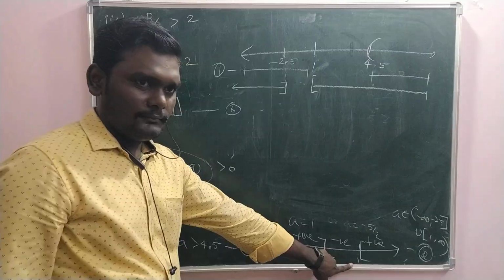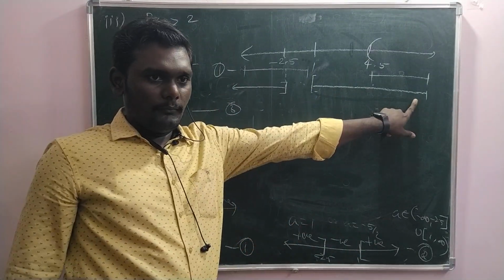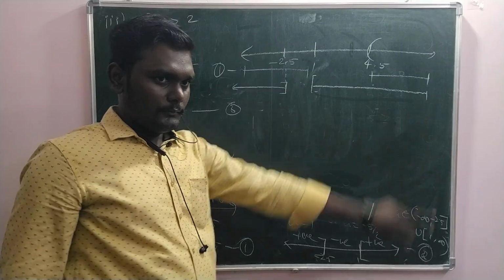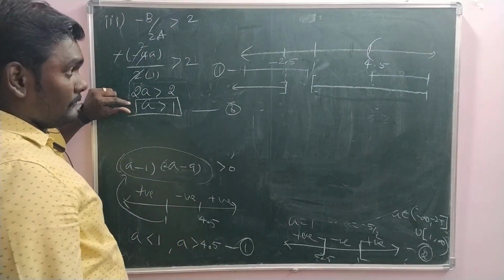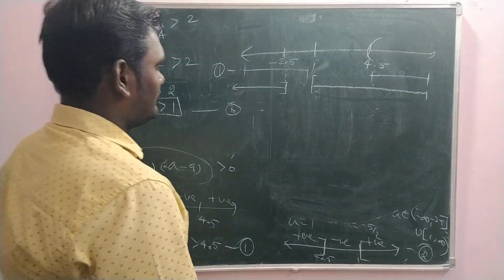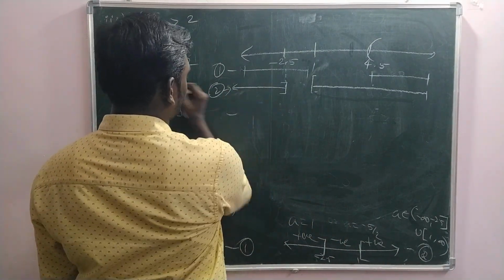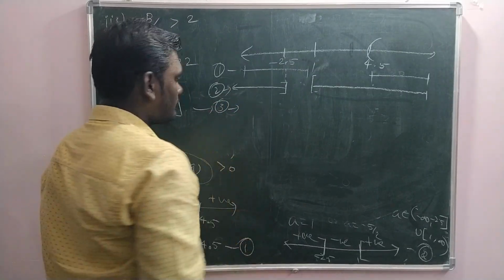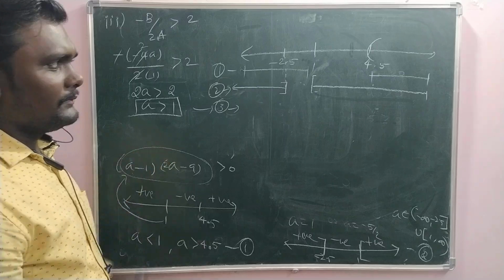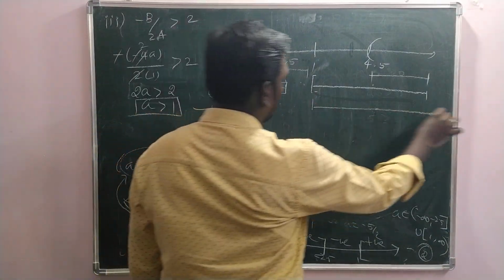This one, man. And then the third one, a is greater than 1. Hey, this is for the second case, man. And for the third case, a should be greater than 1, which is from here to infinity.